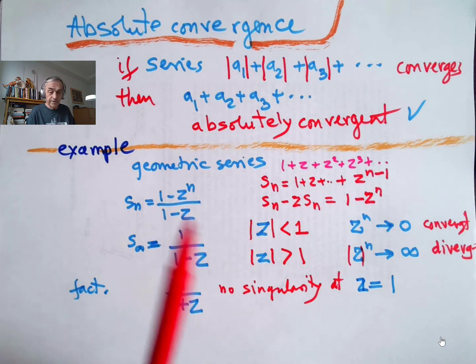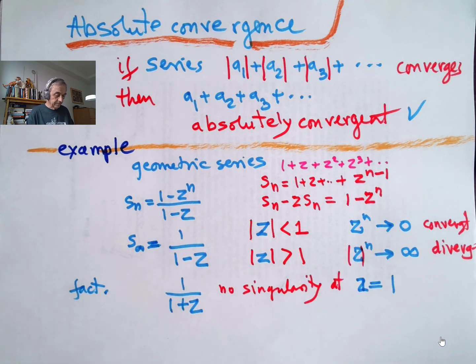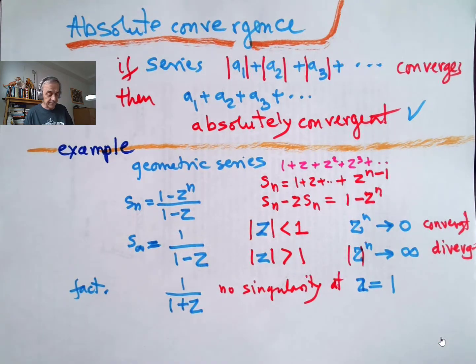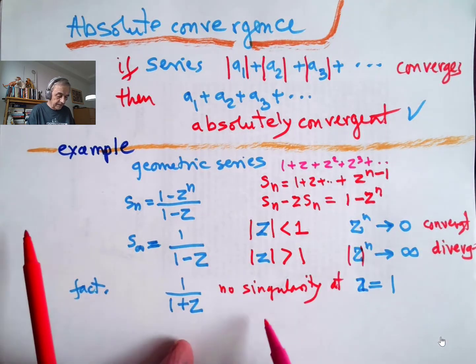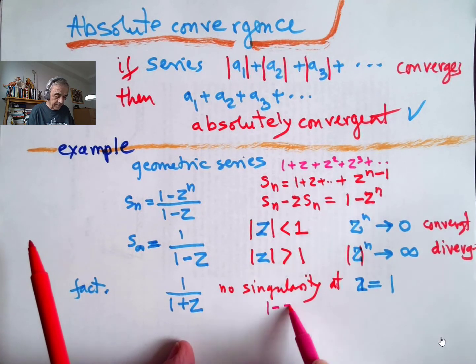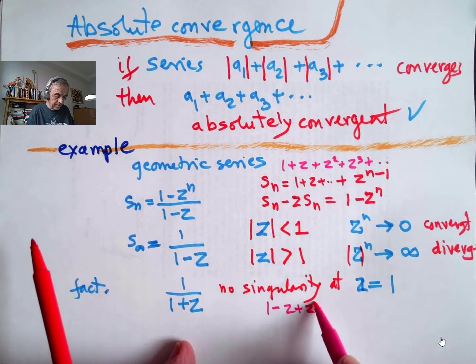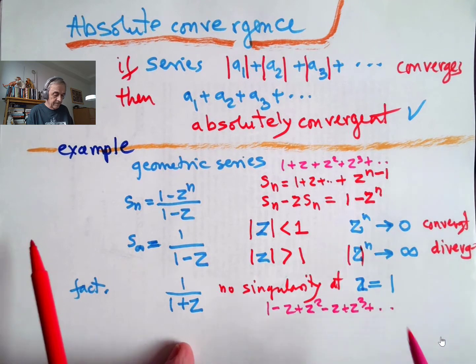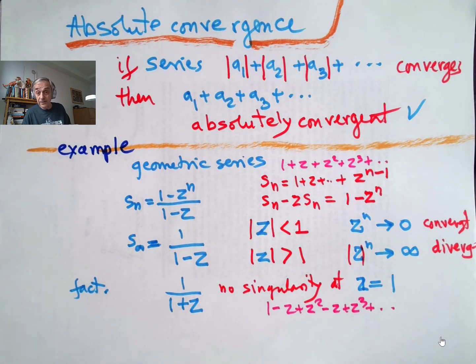So what's going on? I mean, it looks just like this one, it just has alternating signs. That series looking up there is just 1 minus z squared plus z to the fourth minus, and so on. So how come that series is not okay?